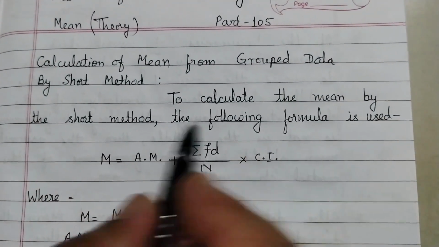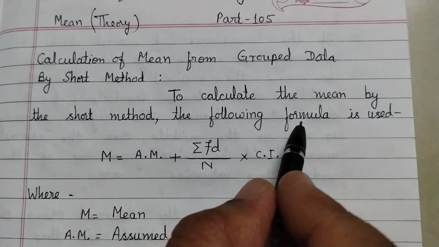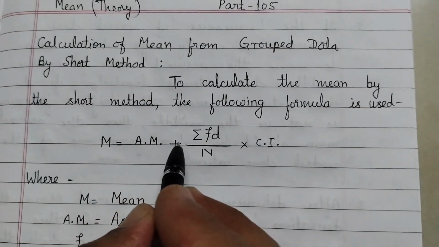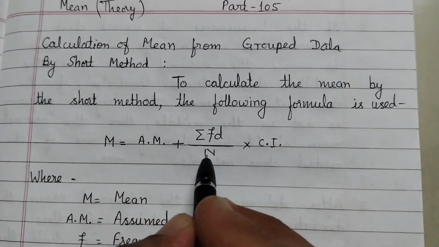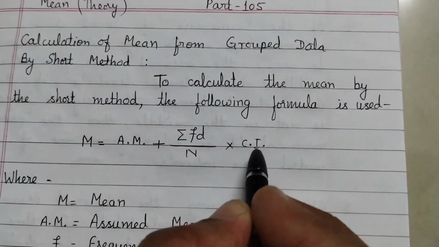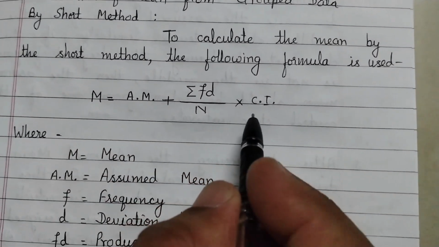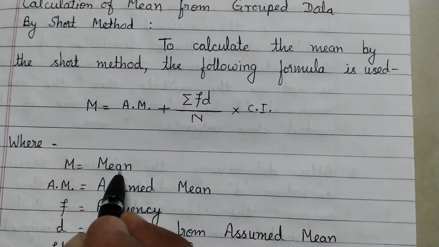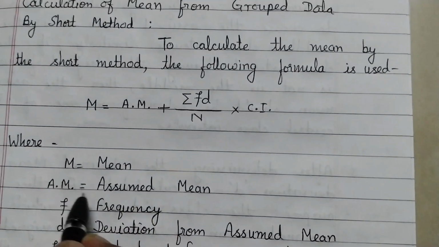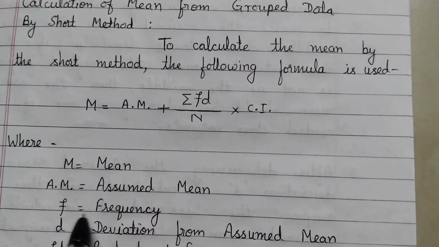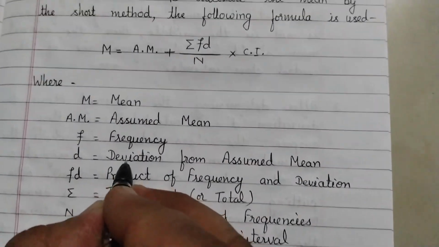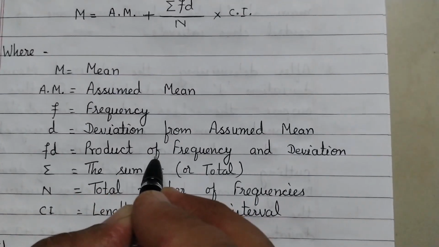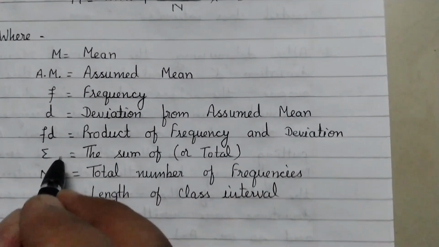To calculate the mean by the short method, the following formula is used. M is equal to A.M. plus summation FD over N multiplied by C.I. Here the symbols have meanings, where M stands for mean, A.M. stands for assumed mean, F means frequency, D stands for deviation from assumed mean, FD means product of frequency and deviation.